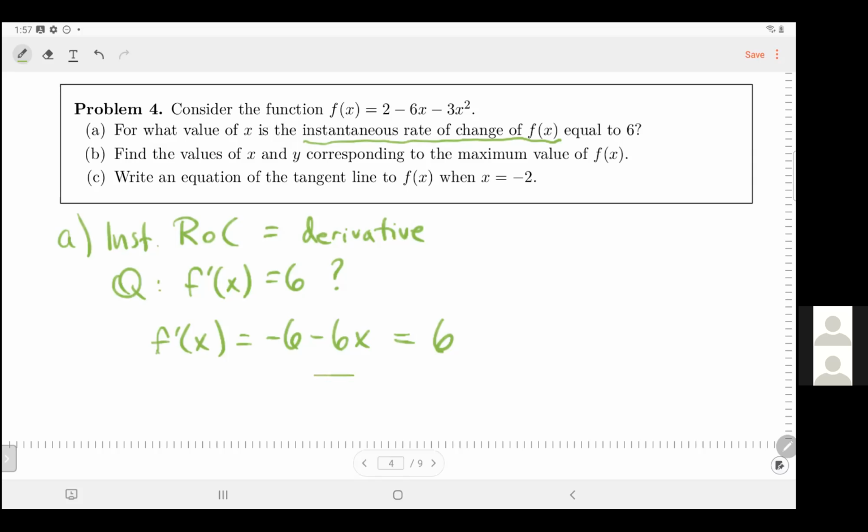So I can just solve here. Add 6 to both sides, divide by negative 6. Awesome.